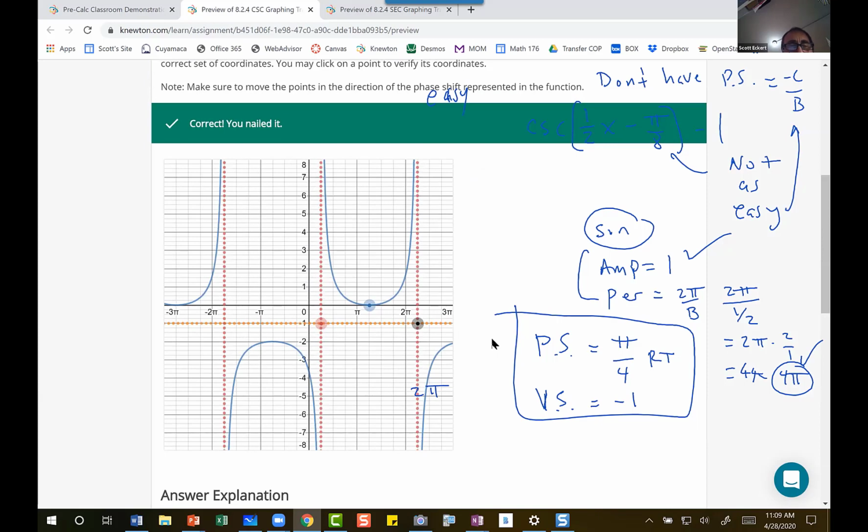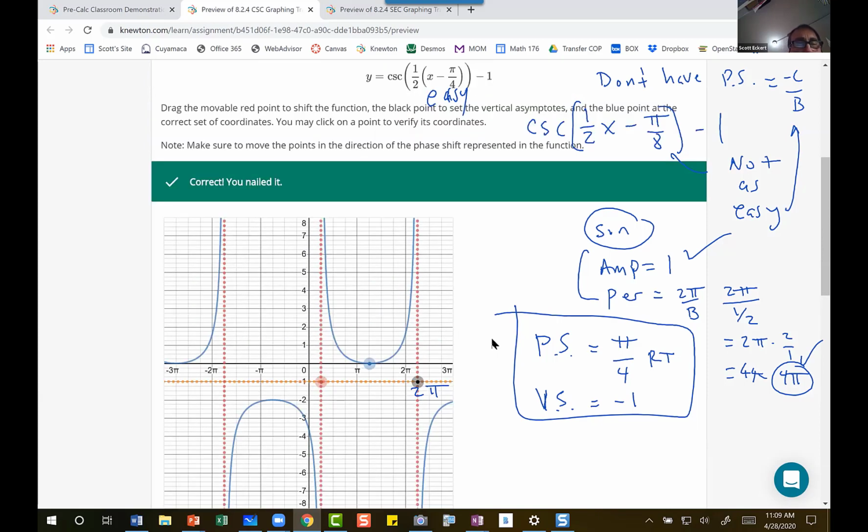All right, so that's going to test your comprehension of amplitude, period, phase shift, and vertical shift a couple different ways, the paper and pencil graphing and the Newton graphing. But I need to wrap up there, that's the end of 8.2.